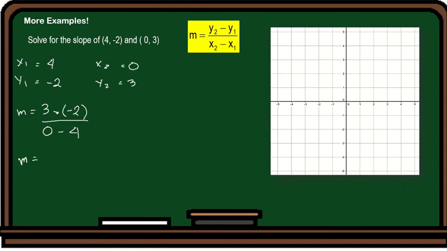Keep, change, change. So we will have positive 3. Your subtraction becomes addition, and your negative becomes positive, over 0 minus 4. So let's add. This is 5. And 0 minus 4 is negative 4.